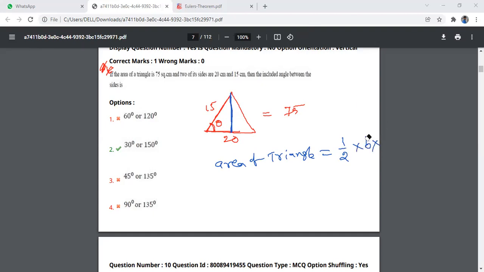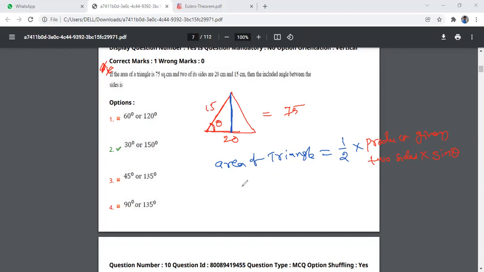If you write base into height, you will get confused, so it's better to use the product of given two sides into sine theta. This is a fixed formula.